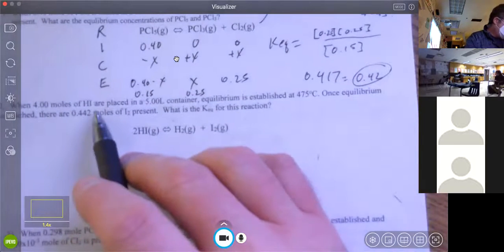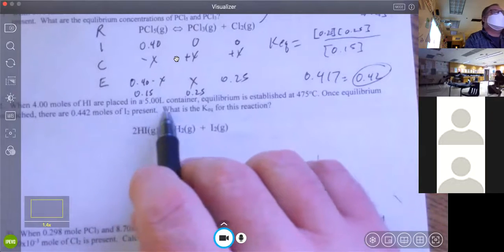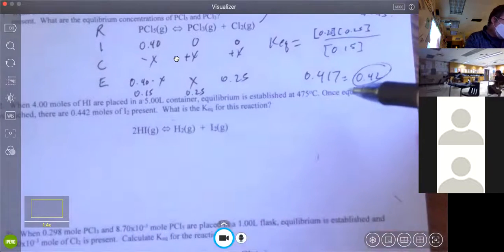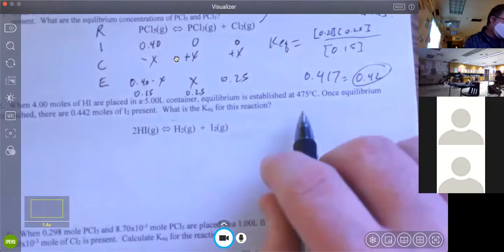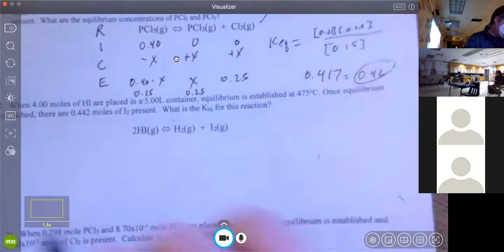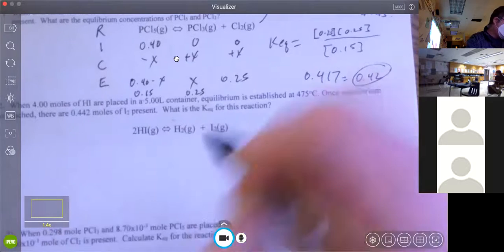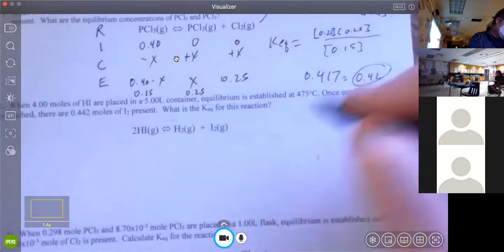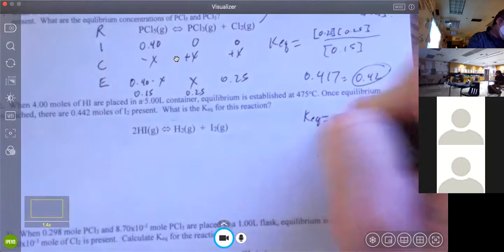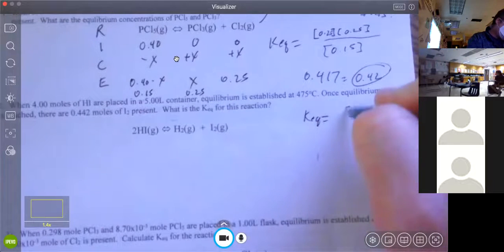When 4 moles of HI are placed in a 5-liter container, equilibrium is established at 475 degrees Celsius. Once equilibrium is reached, there are 0.442 moles of I2. What is K sub EQ? So K sub EQ, remember, is products over reactants.